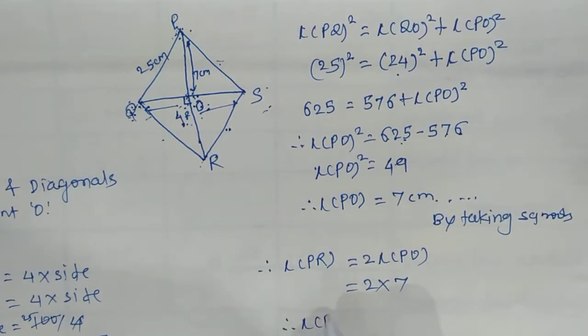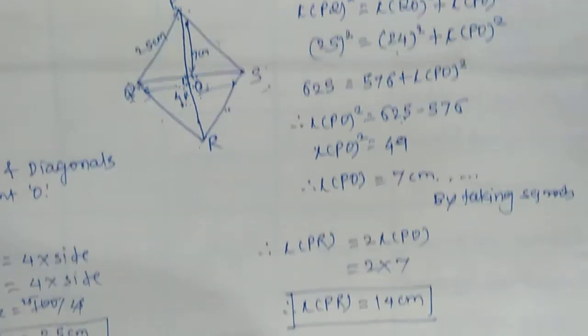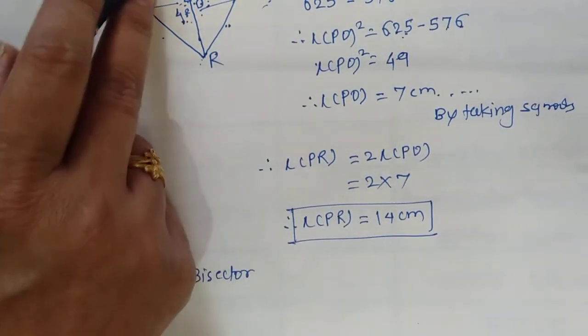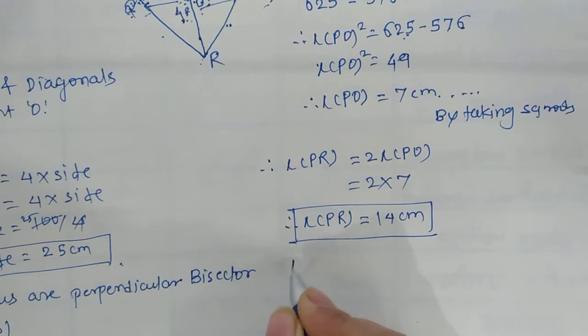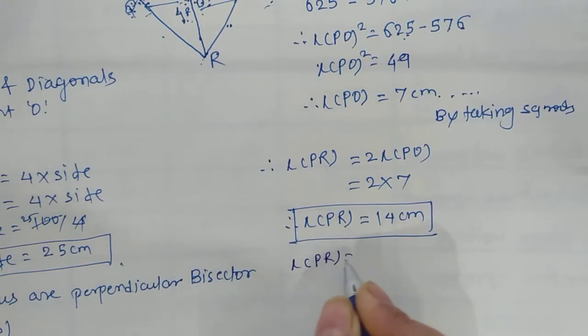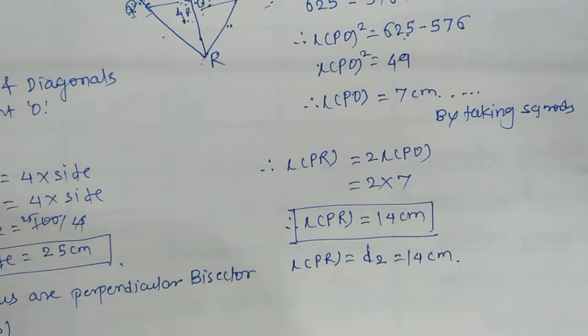Therefore, length of PR is equal to 14 centimeter. And we know that length of PR means it is the second diagonal. So, length of PR is equal to D2 equal to 14 centimeter.